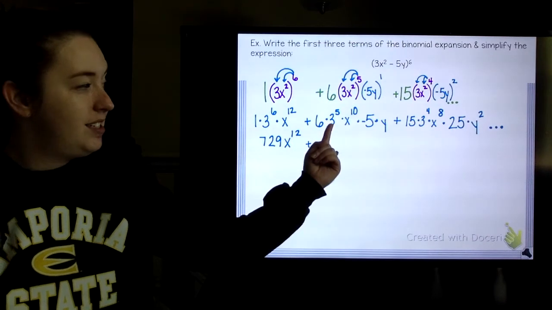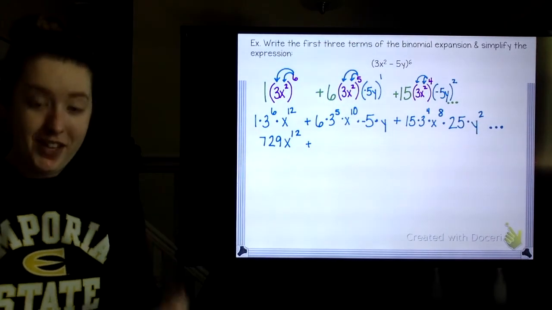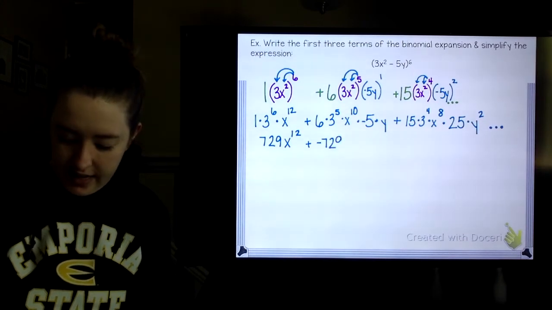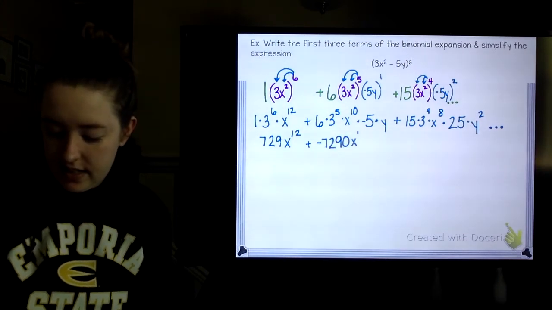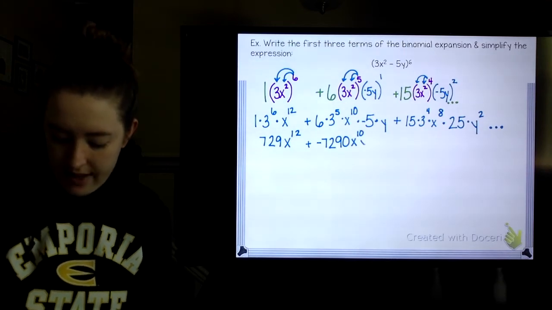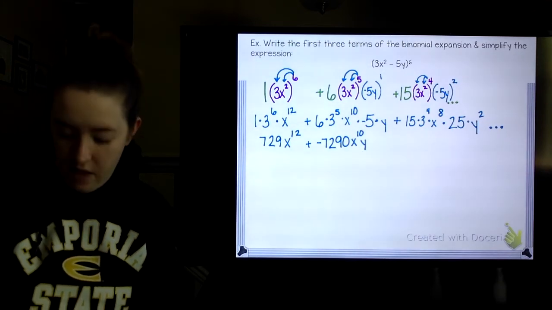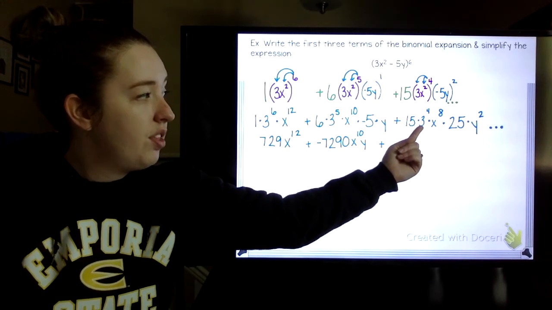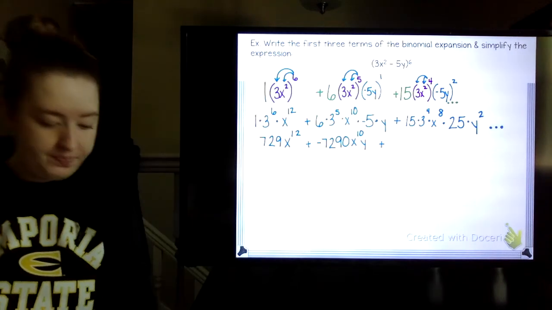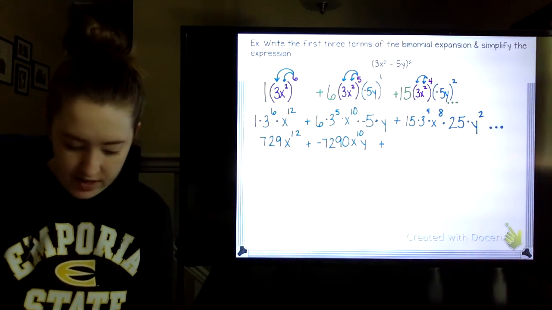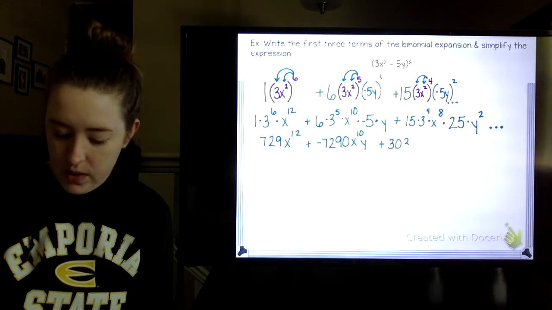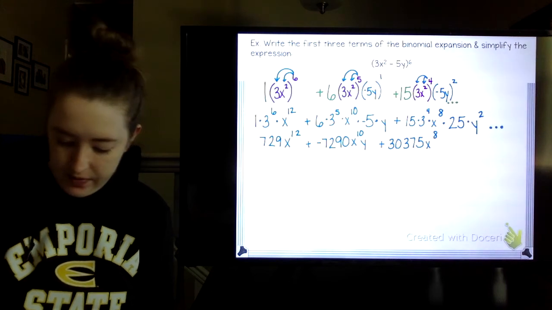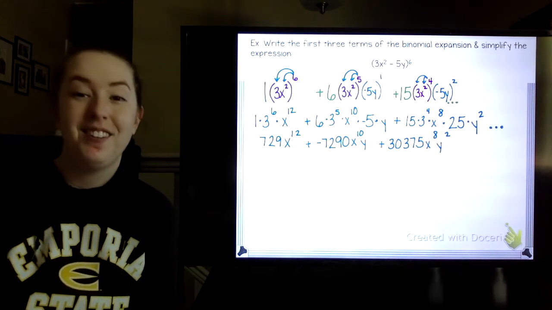So I'm going to multiply all of this together, and we'll end up with negative 7,290 x to the 10th y, plus, and then I'll take 15 times 3 to the 4th times 25. So when I multiply all of that out, that's going to give me 30,375 x to the 8th power y squared.